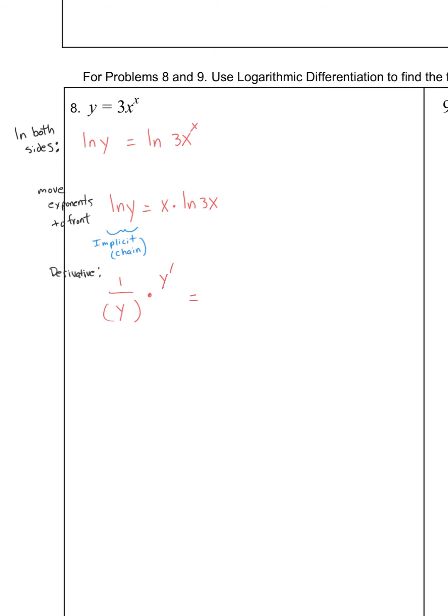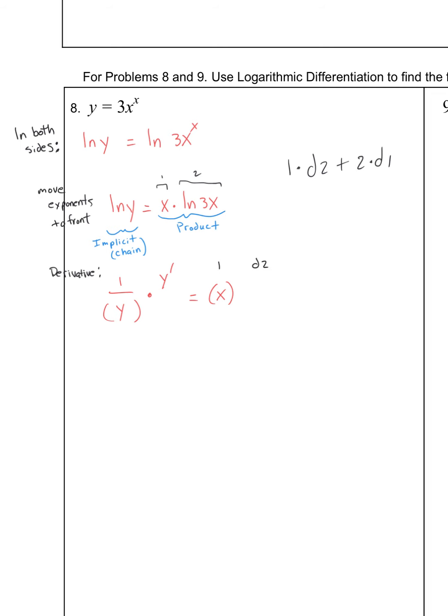That's the left-hand side. On the right-hand side, this is going to be a product rule because we're multiplying two separate functions together. So our first function is x, and our second function is ln 3x. So let's do the product rule. If you remember the fun song, it's 1d2 plus 2d1. So the first function as is, x. For d2, that's going to be a chain rule.